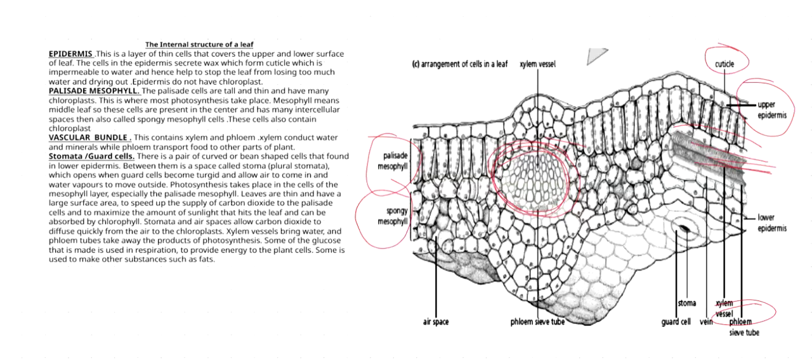And if we see the lowermost layer, the lower epidermis is the same as the upper epidermis, except for one difference: the lower epidermis does not have a cuticle. Definitely does not have a cuticle here. And there are specialized kidney shaped cells, known as guard cells, which are here. These guard cells create a pore, and the pore is known as a stoma.